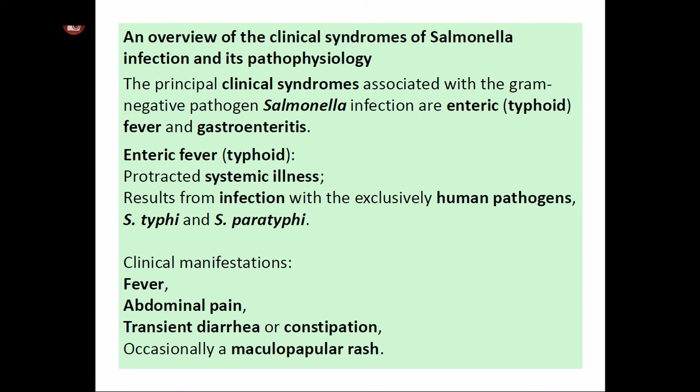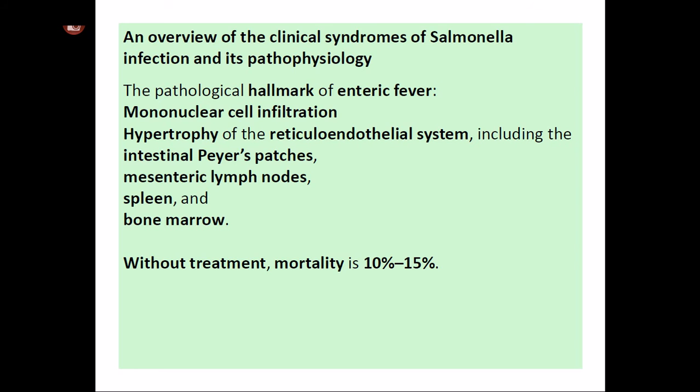Okay. So this enteric fever or typhoid that we have talked about is caused by Salmonella typhi or Salmonella paratyphi. The clinical manifestations are fever, abdominal pain, diarrhea, and maculopapular rash. These are examples. The hallmark of enteric fever is mononuclear cell infiltration, meaning cells containing only one nucleus; those cells are damaged.